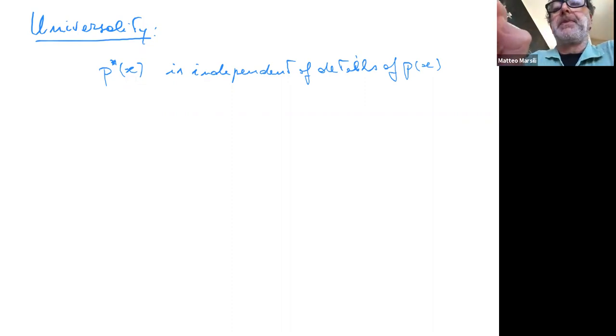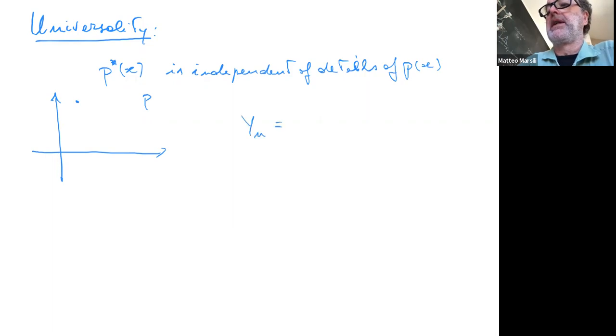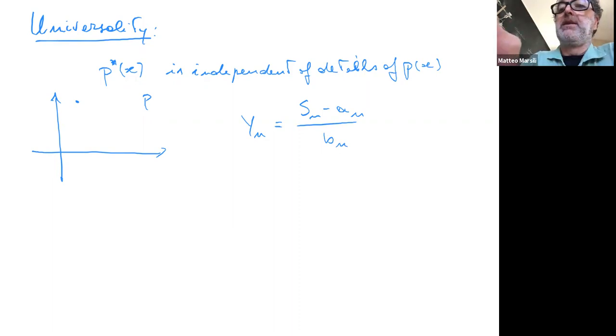So the picture that one has is that in the space of distributions, when one considers sums, the random variables y_n, which is the sum properly normalized, one starts from an original distribution P of X, and as n increases, the distribution of the random variable y changes, and it converges to a particular distribution P star.